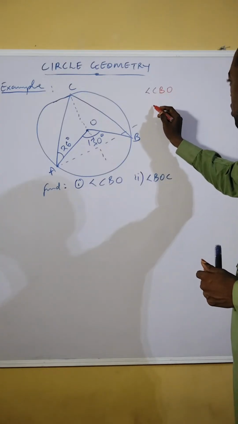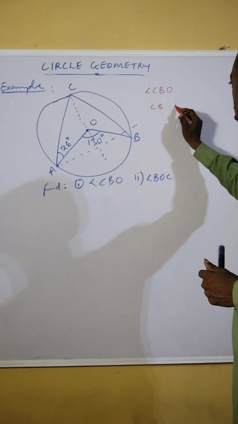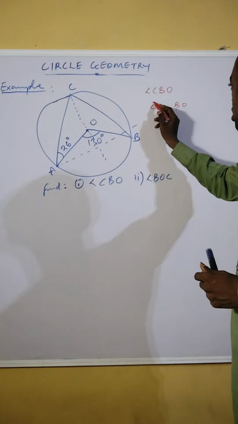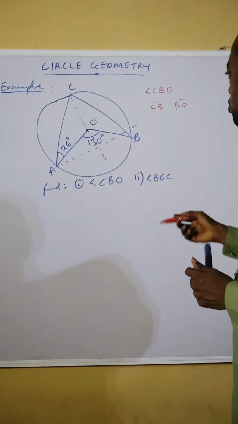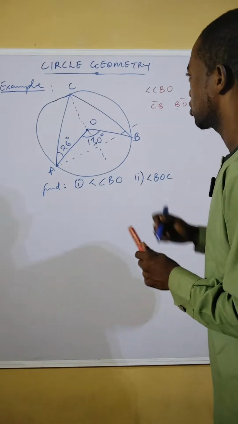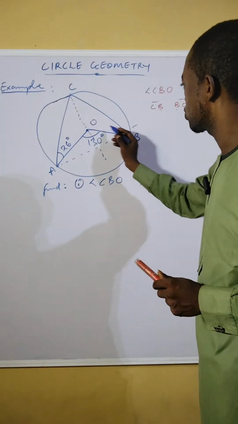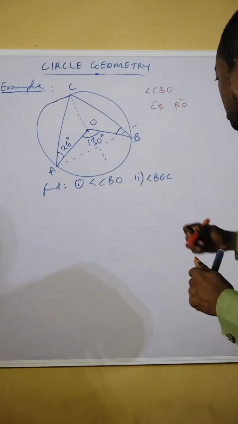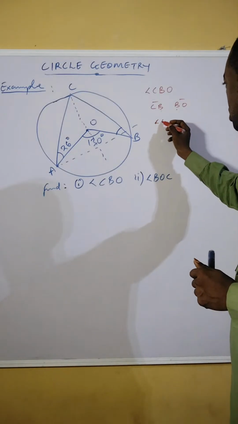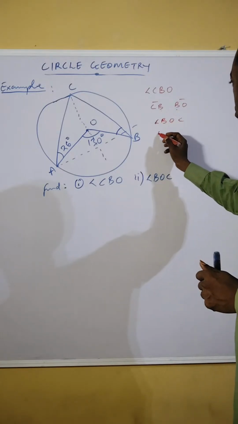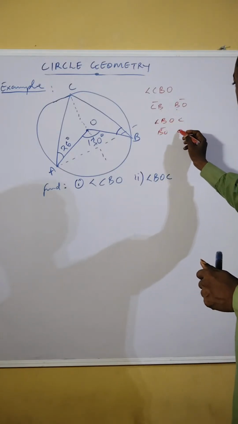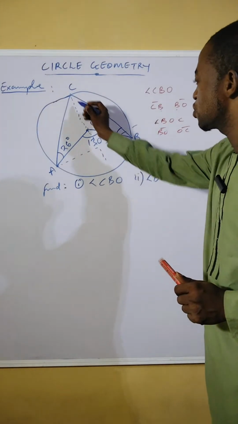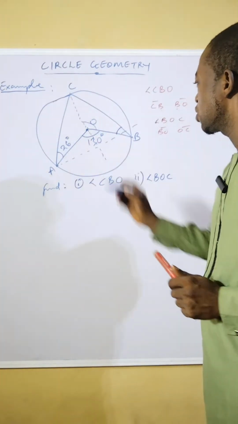It's like we have between CB and BO. So B is common. You understand? So between line CB and line BO, you have from CB then to BO. So this is the angle we are finding. Then in the same way, angle BOC. When we break it down, you have BO and OC. So you look at the lines BO and OC, and in between them you are looking for that angle.